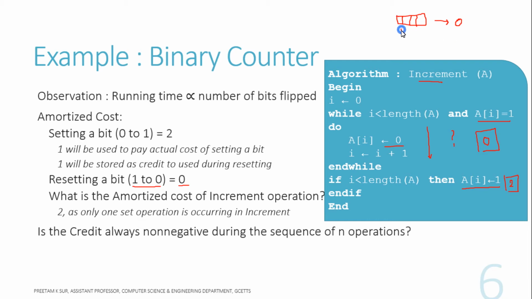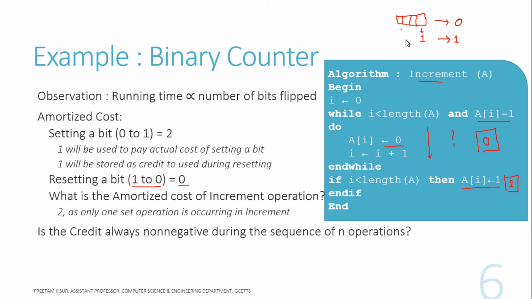Now initially, whenever they are 0, you can make any bit over here 1, right? As soon as you make it 1, the credit is going to be 1, because one unit of cost is used for paying the actual cost, and one is kept as credit. So the credit is going to be 1.